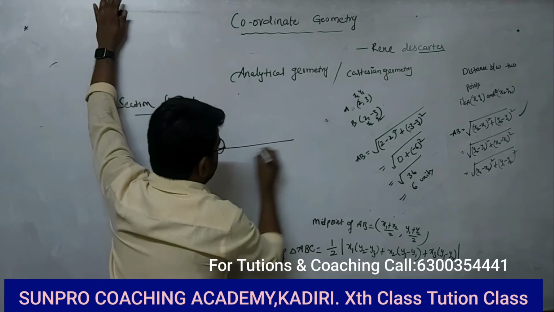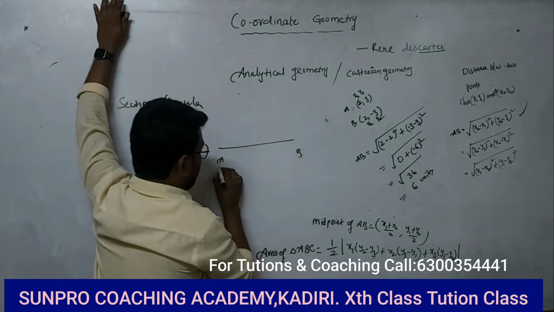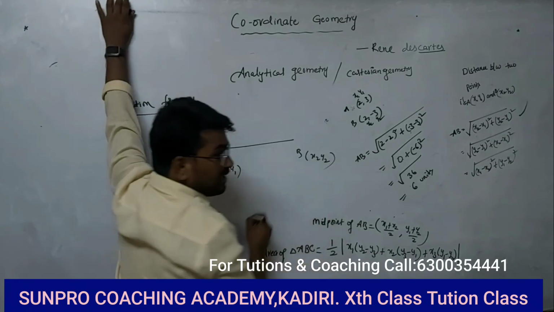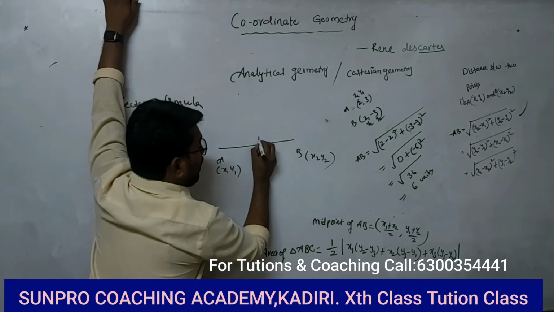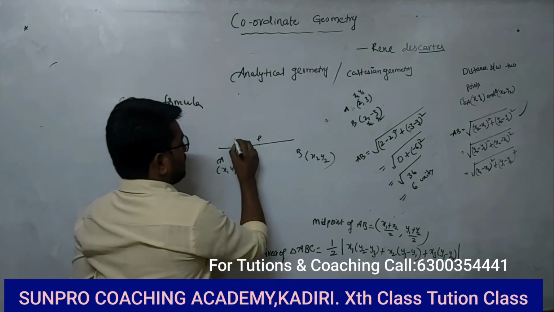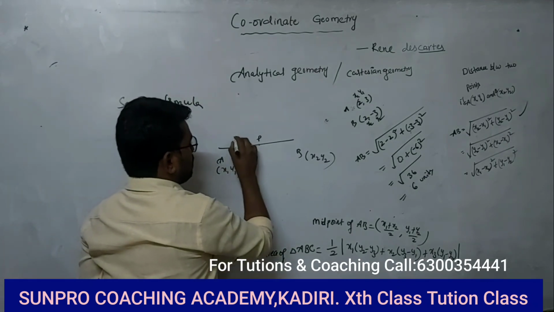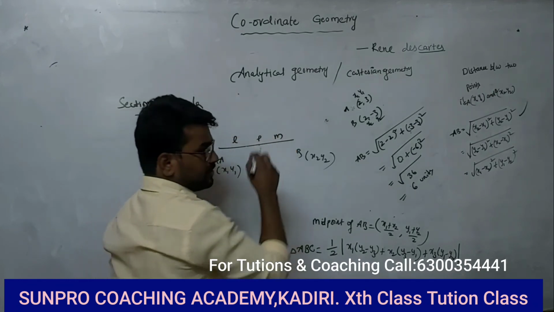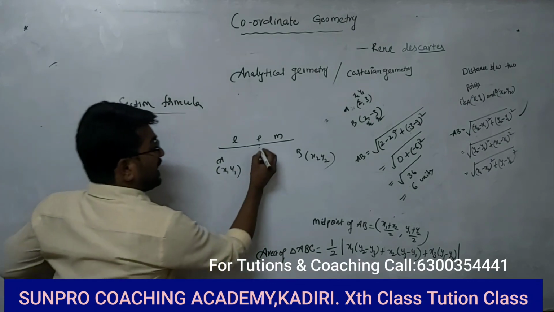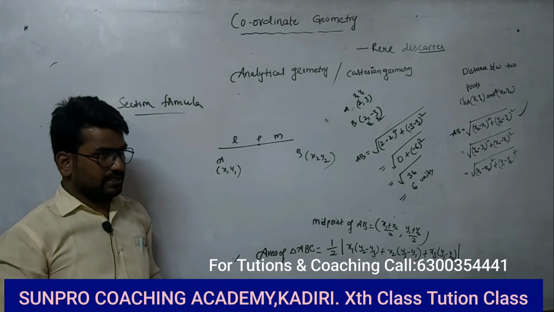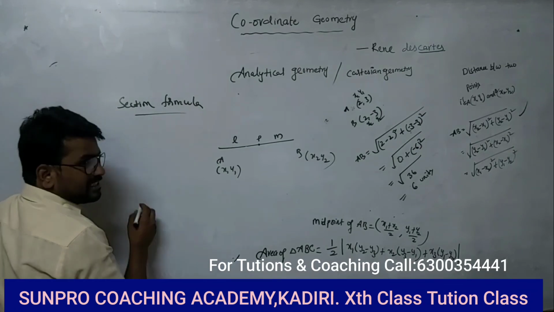There is a line segment AB. A point is x1 y1, B point is x2 y2. There is a point P dividing this line segment in the ratio L is to M. Now, we have to find this point's coordinates. We will get it by using the section formula.